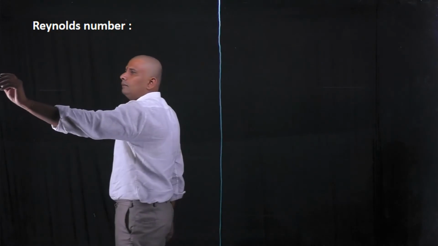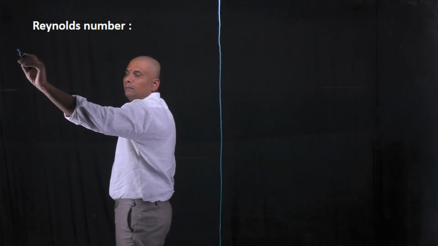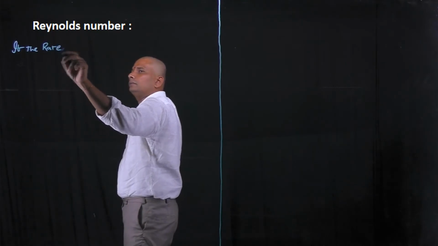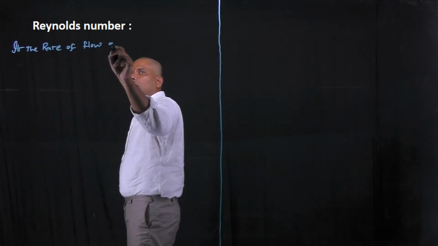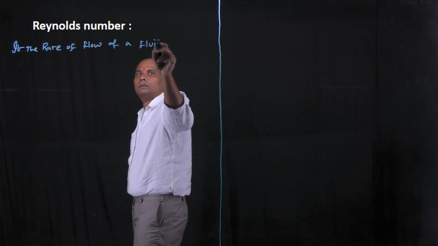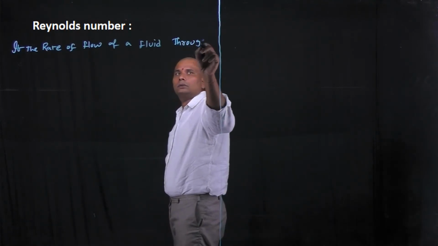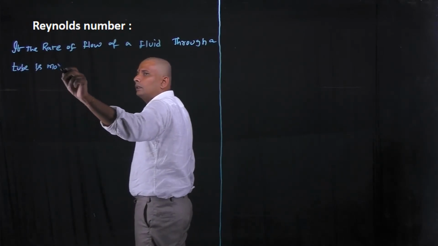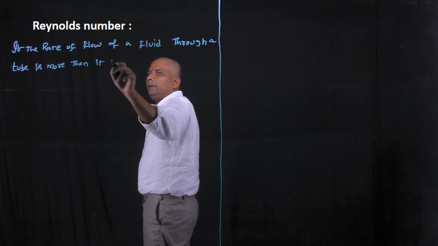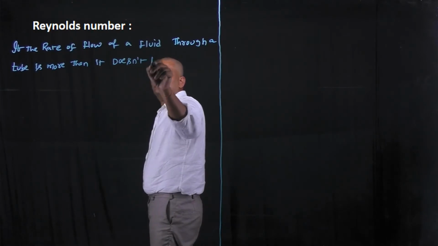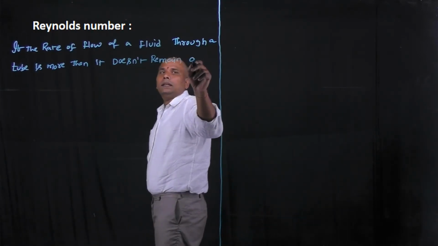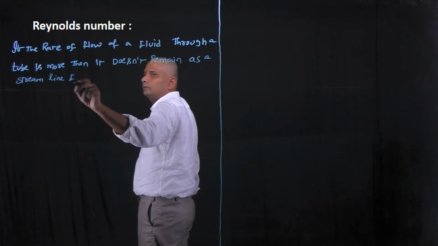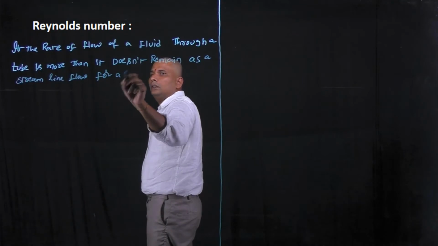If the rate of flow of a fluid through a tube is more, then it does not remain as a streamline flow for a long time.